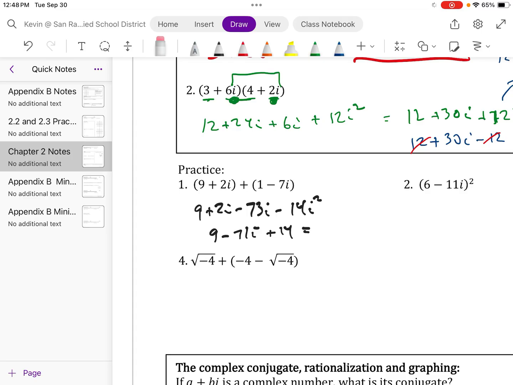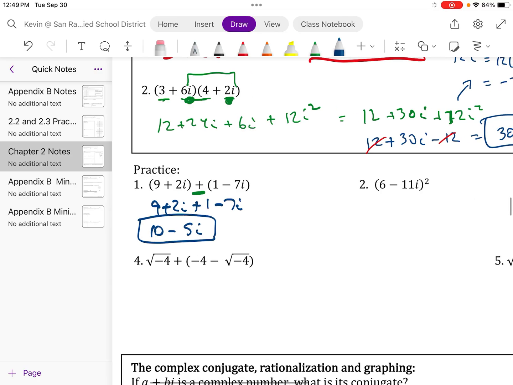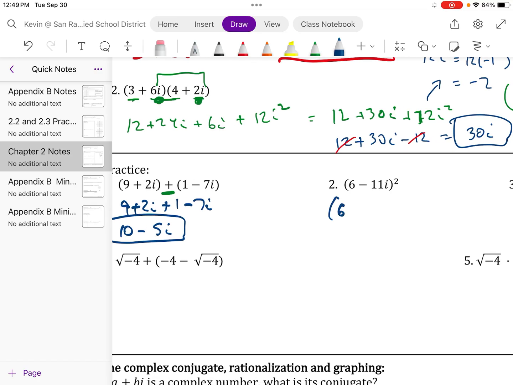Why am I multiplying? Ignore all of that. I'm adding. Jeez. So it's 9 plus 2i plus 1 minus 7i. I'm just completely sorry about that, everybody, and to the person that's actually watched this video. So 9 plus 1 is 10, and then 2 minus 7 is negative 5i, and that's as simple as that. Sorry, going too fast here.